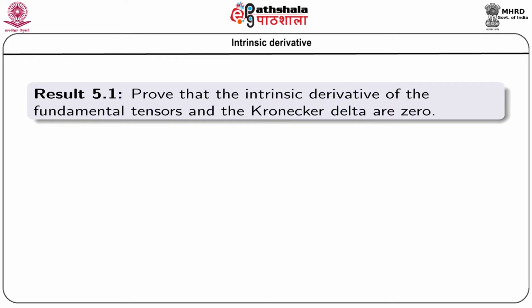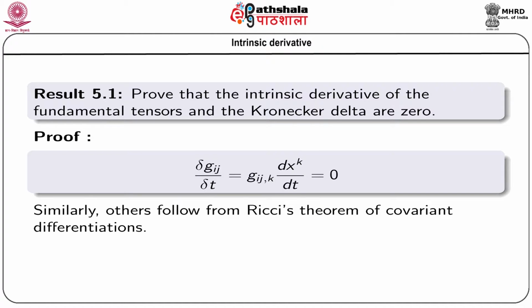Let us think about the intrinsic derivative of the fundamental tensors and Kronecker delta, and we can prove that they are all 0. The proof is very elegant. Del gij del t can be written as gij comma k dxk/dt, and from the previous chapter's Ricci's theorem, we know that gij comma k is equal to 0.